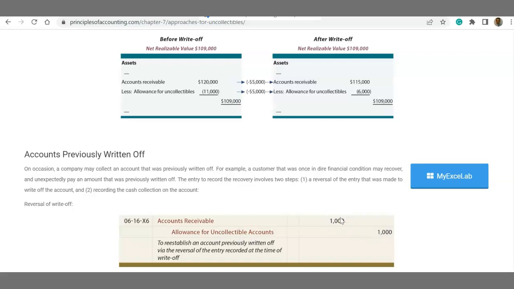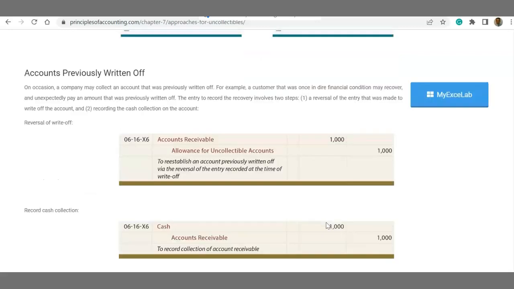Now you have an accounts receivable existing balance. Then you go to the bank and deposit the check, and that will be cash debit, and the accounts receivable that you just created for the customer is now closed. So a previously written-off collection needs 2 journal entries. Make sure you know that for your exam.